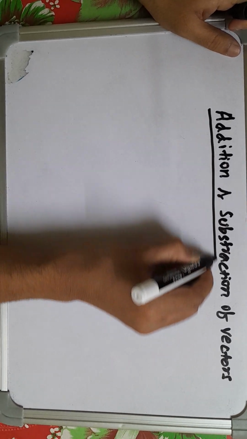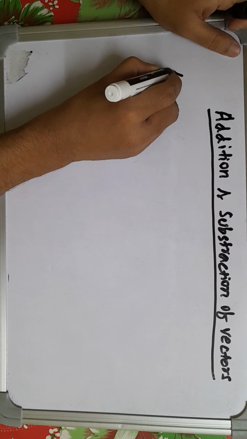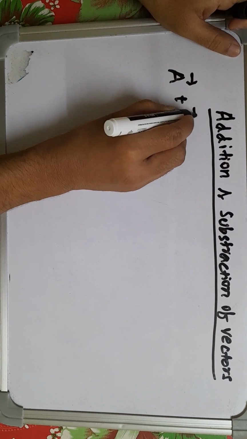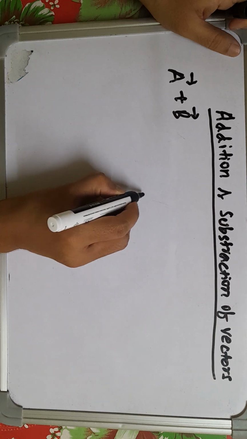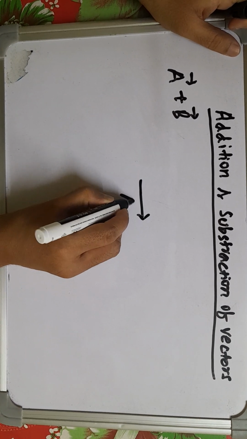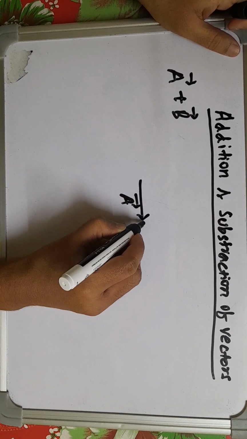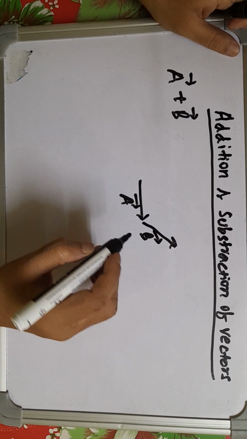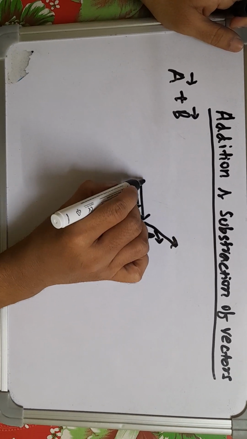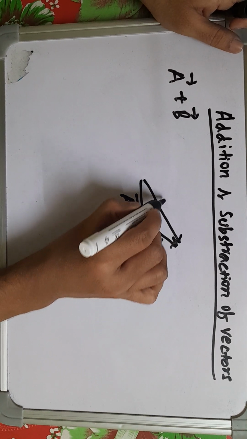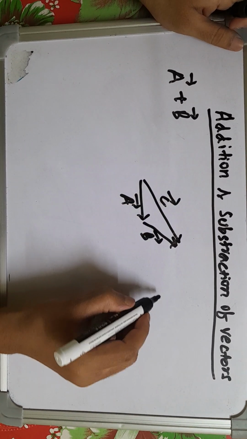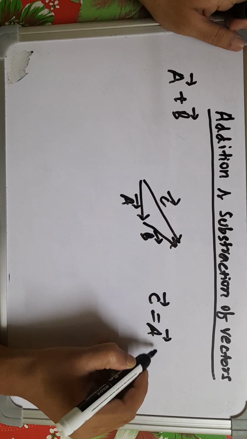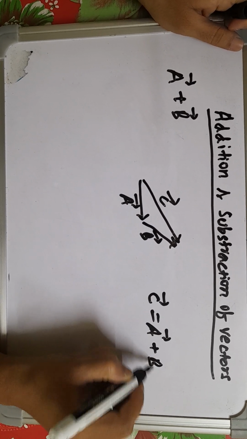So let us suppose a vector plus b vector. So the resultant will be this side, c vector. That means c vector is equal to a vector plus b vector.